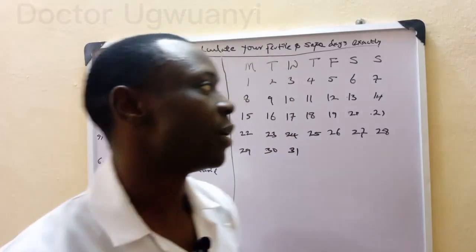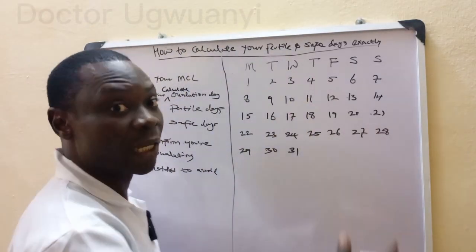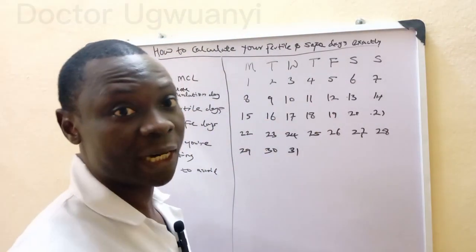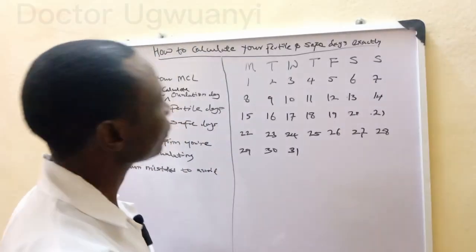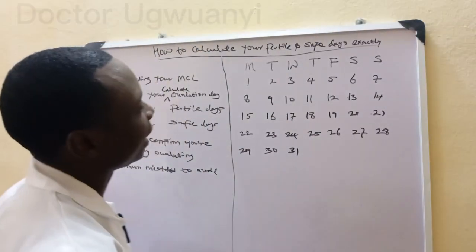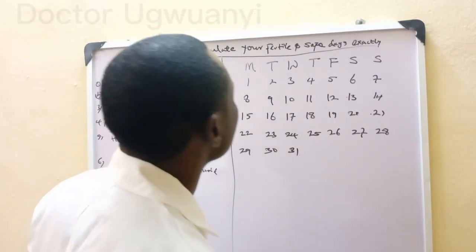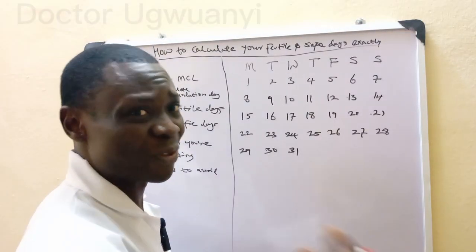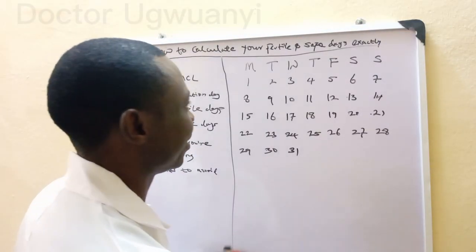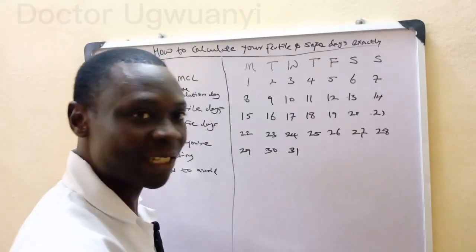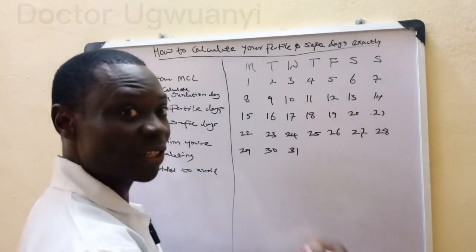Okay, let me use this December calendar for instance. Let's say the first day you start seeing your menses is on December 1st.